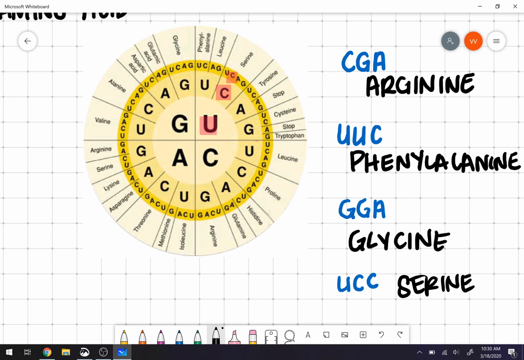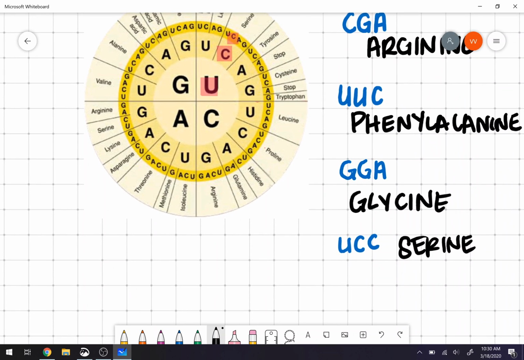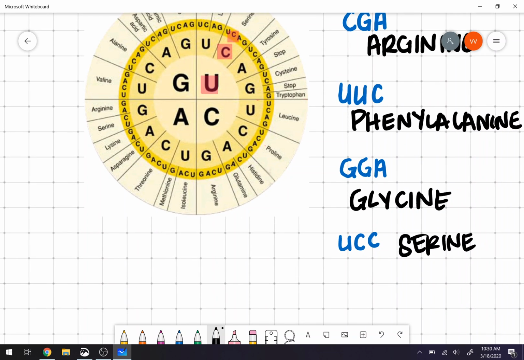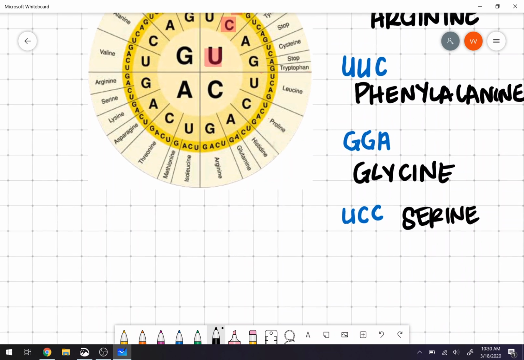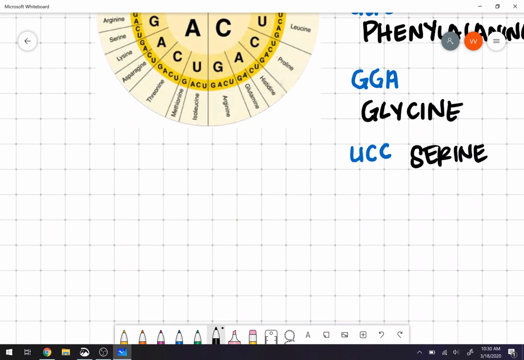When it reads the codons, it's going to be able to tell which amino acid is needed in order to make the protein.